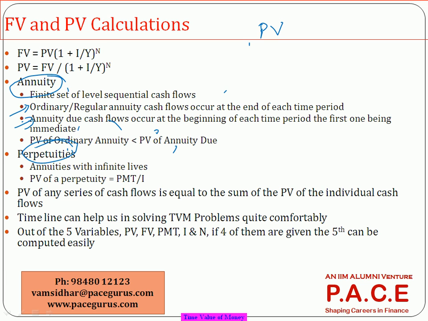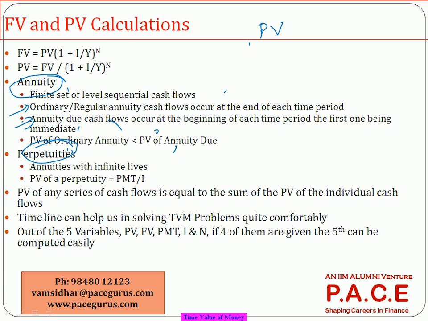But in a realistic sense, if the number of periods is infinitely large, then we can directly call it a perpetuity. And in case of perpetuity, if I want PV, even then I cannot apply that formula. Just like continuous compounding, I cannot apply those formulas, even for PV.